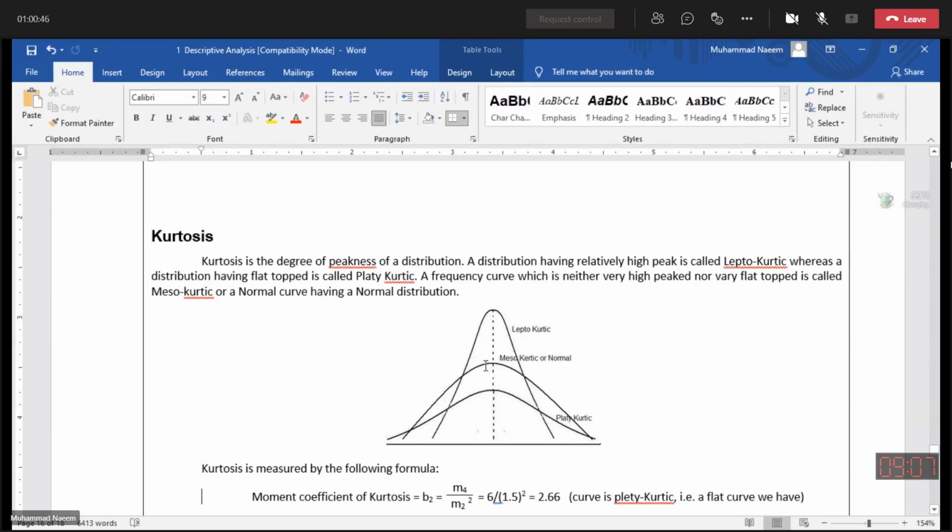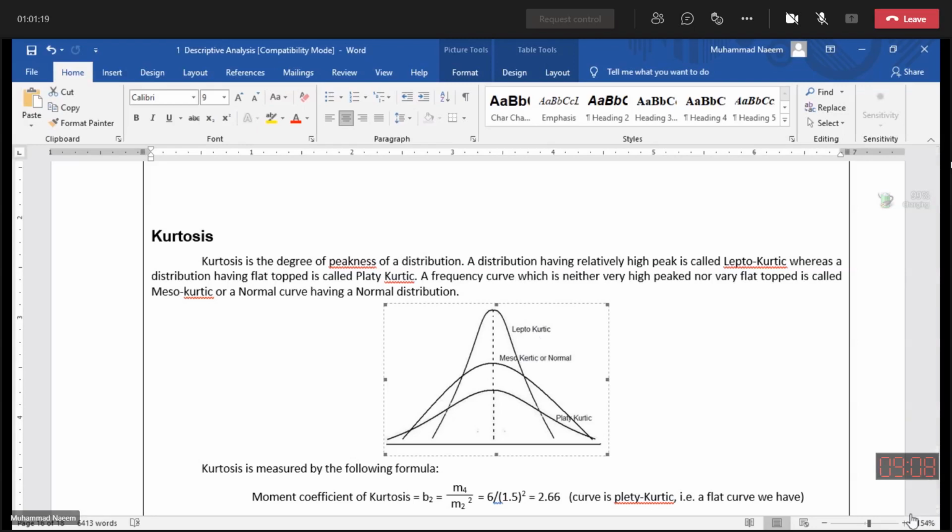There are certain names for these distributions. With extraordinary high peak, this is called leptokurtic, and this normal is called either the normal or mesokurtic, and flat curve is named as platykurtic. If you cannot remember, just mention leptokurtic as high peak, platykurtic as flat curve and mesokurtic as normal.